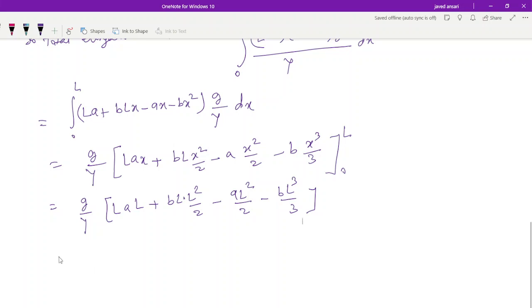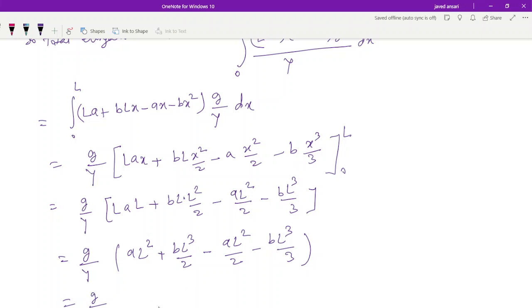So if you just solve it, G by y, A L square plus B L cube by 2 minus A L square by 2 minus B L cube by 3.